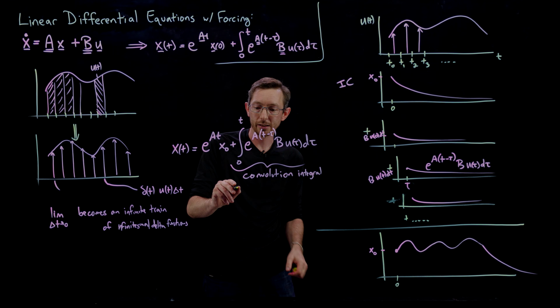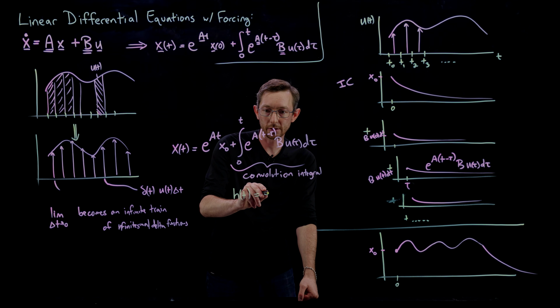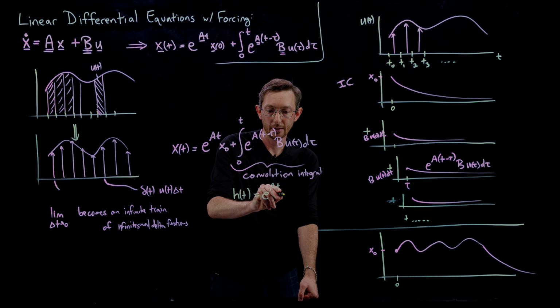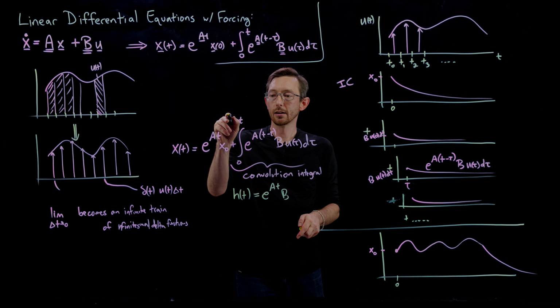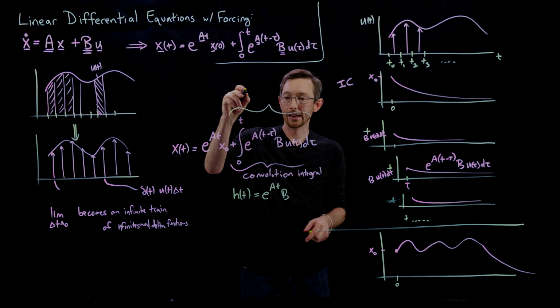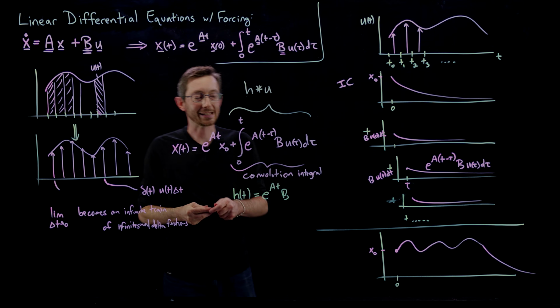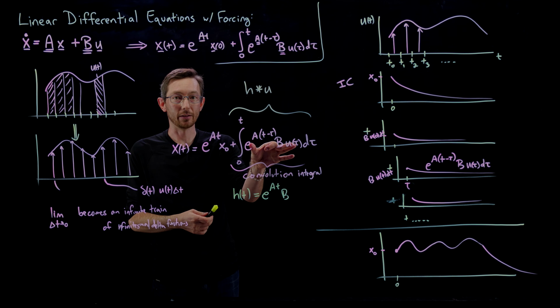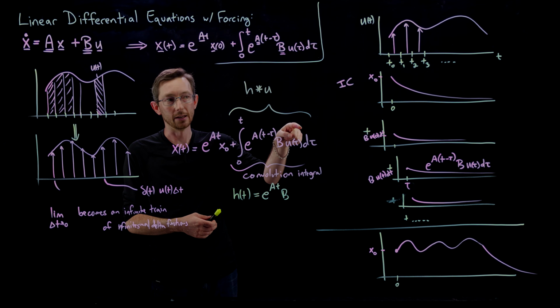The way we say it is, let's define h of t equals e to the at b. Then this integral here is literally defined as the convolution of h with u. This is literally the definition of the convolution of e to the at b with another function u of t.